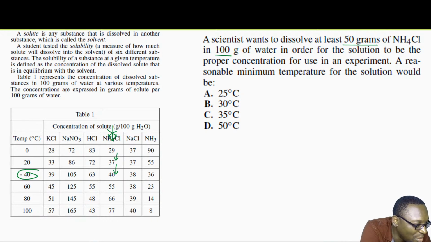You can't have it anywhere before 40 degrees. So it's going to be a temperature above 40 degrees. Then you look in your answer choices for the one that is above 40 degrees.